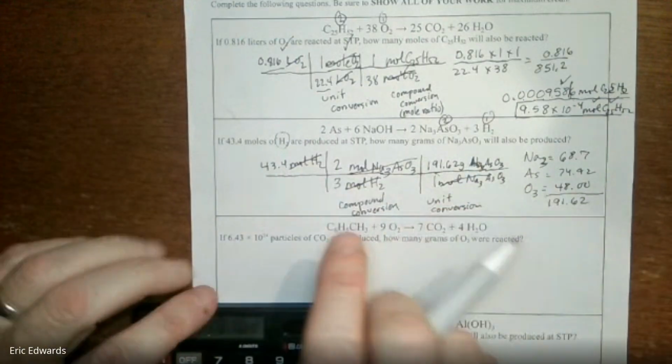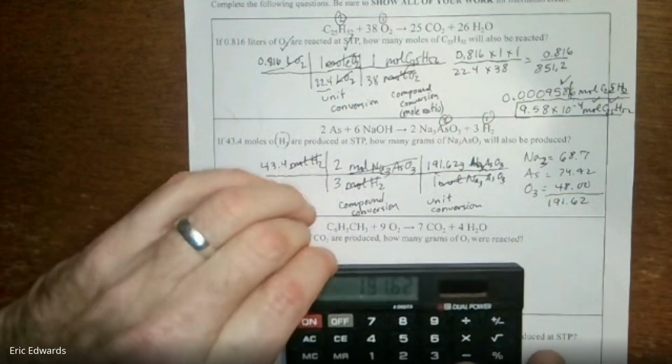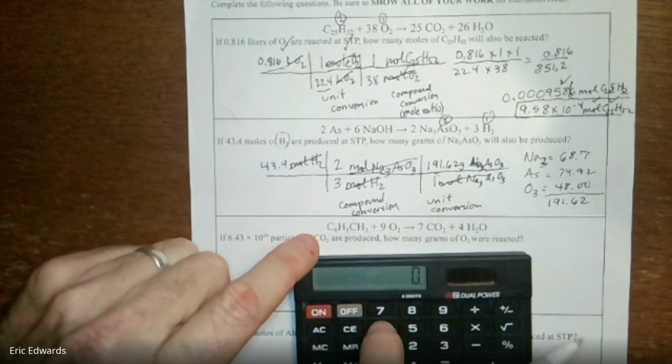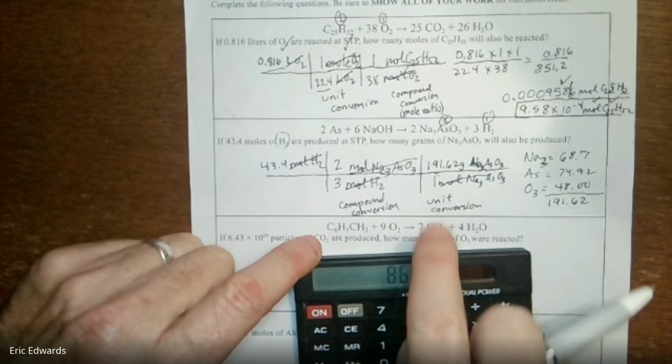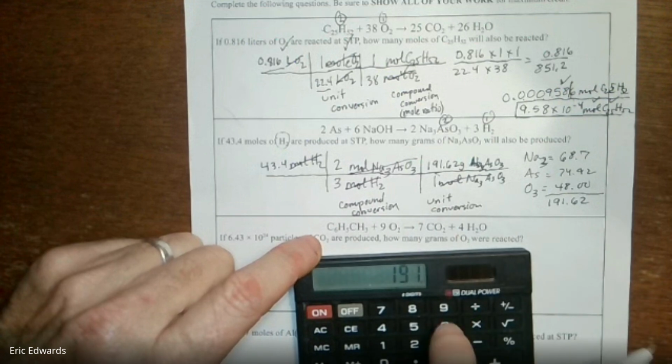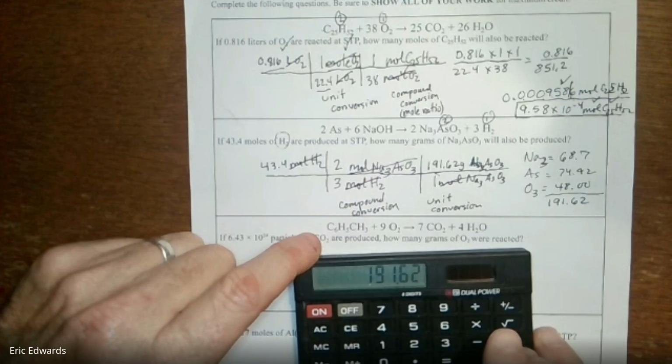Now all I do is multiply across, which is 43.4 times 2 times 191.62, and divide by 3.